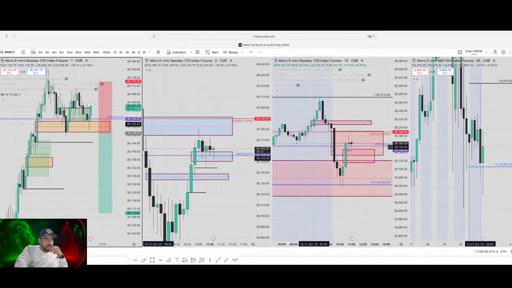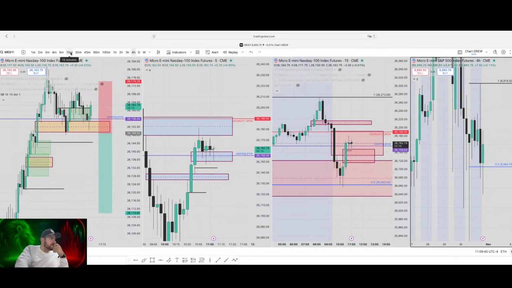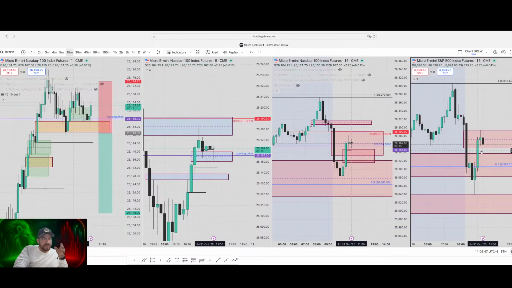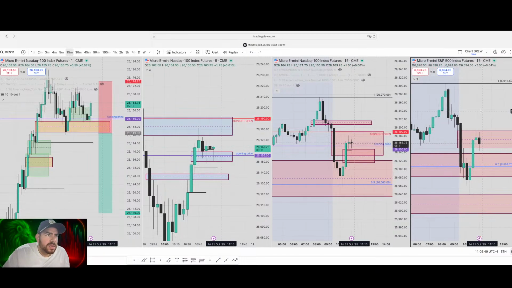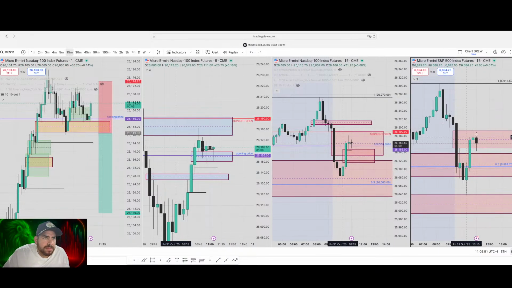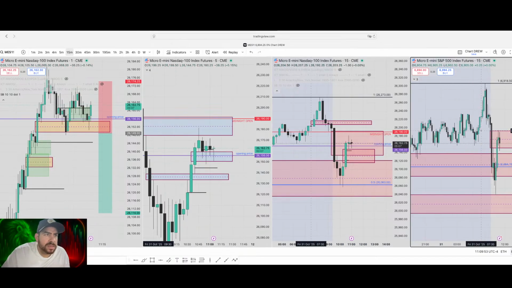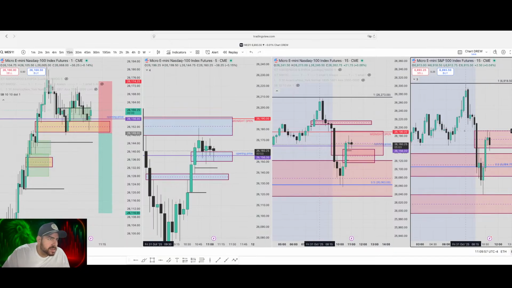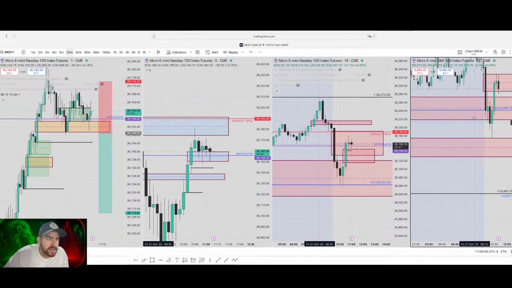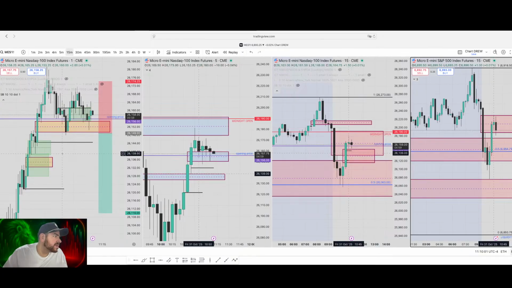Still holding the 5-minute, but we haven't come back to the 15-minute yet. We came back to this 15-minute, but we're still holding this one. This one's lined up with this consolidation here. We still got some liquidity down there.